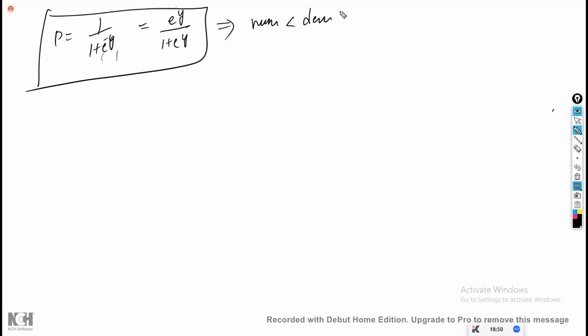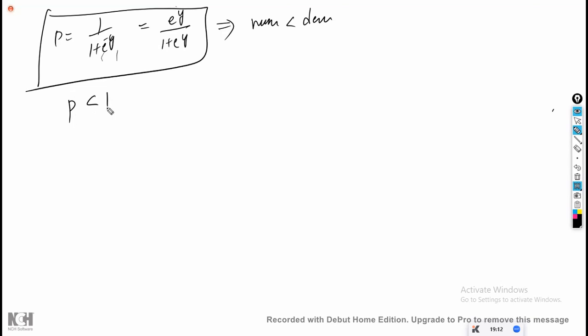Because e to the power of y is there, and below it 1 plus is there, so the denominator is obviously somewhat more. So every value will be less than 1 only. You can't cross 1.